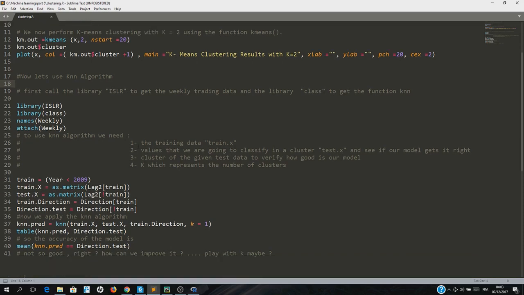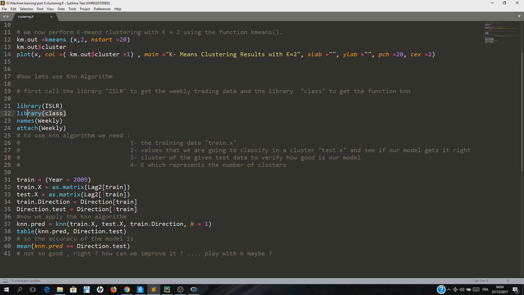Let's see. First, we're gonna use the library ISLR. If you remember the data we used last time for predicting the stock market, this time we're also gonna predict the stock market, but with the KNN algorithm. It's semi-supervised learning, actually half.